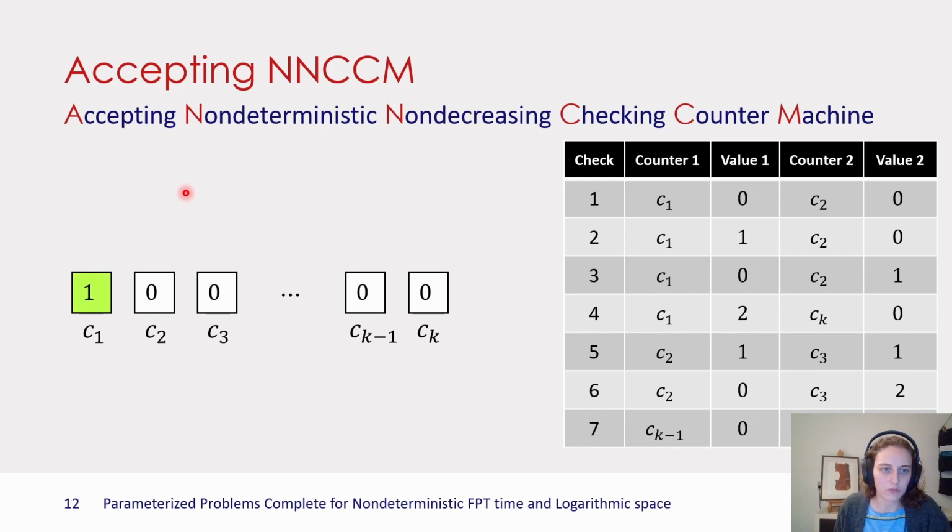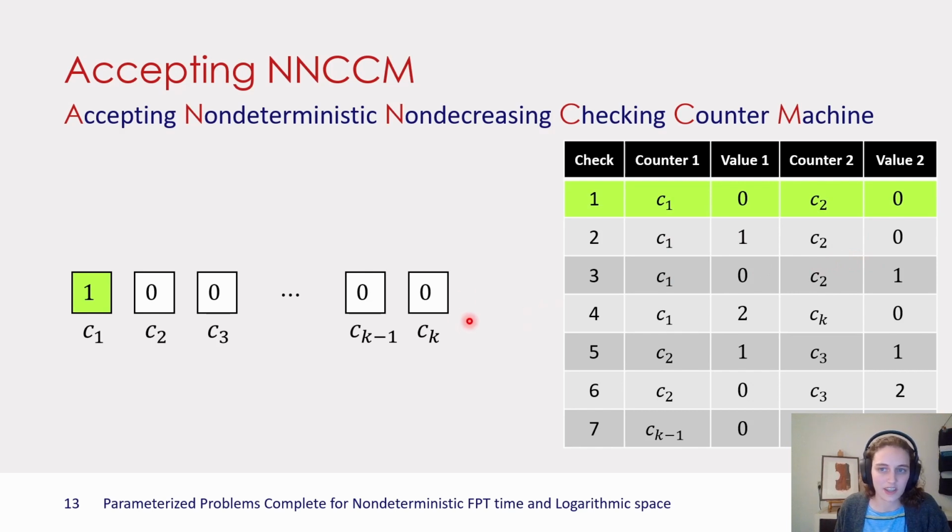So for example, we can first increase C1 to 1. So now we can go through this first check. This is going to be a good check because indeed now C1 is not equal to 0. So we can go to the next check. The next check states that C1 cannot be equal to 1 and C2 cannot be equal to 0. So either C1 needs to go up or C2 needs to go up.